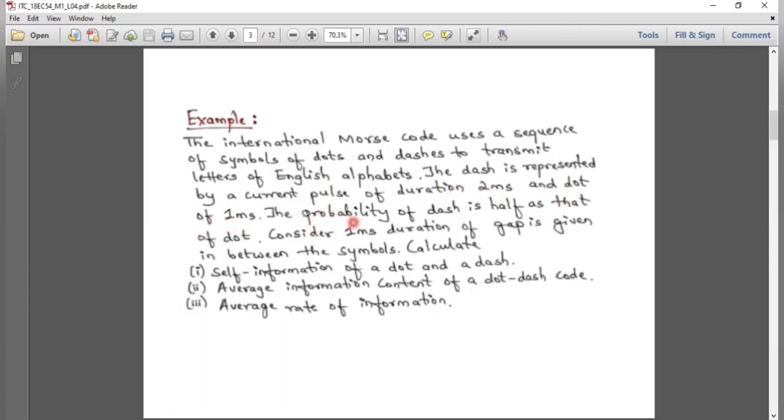The probability of dash is half as that of dot. Consider 1 millisecond duration of gap is given in between the symbols. Calculate self-information of a dot and a dash, calculate average information content of a dot dash code, and calculate the information rate.